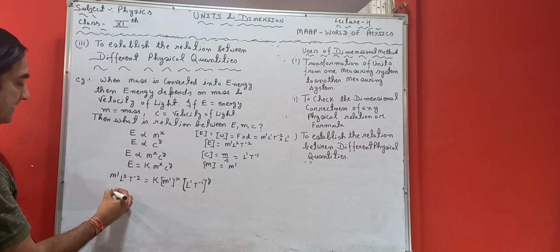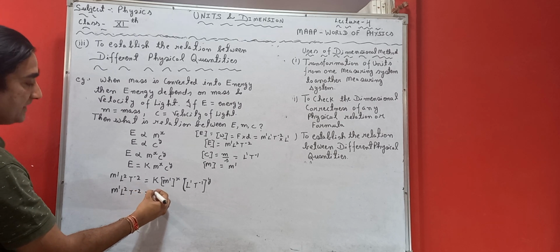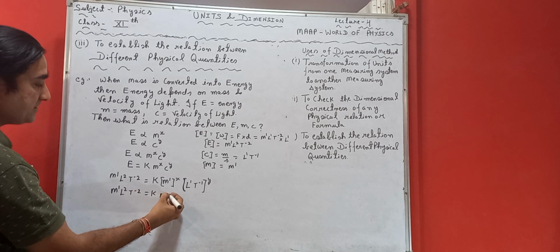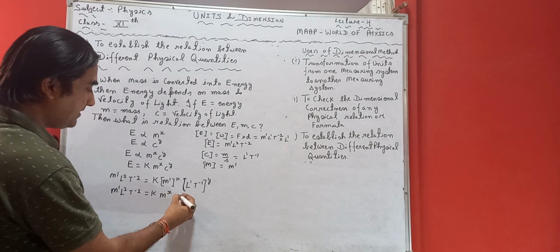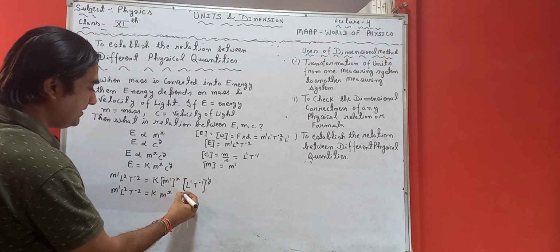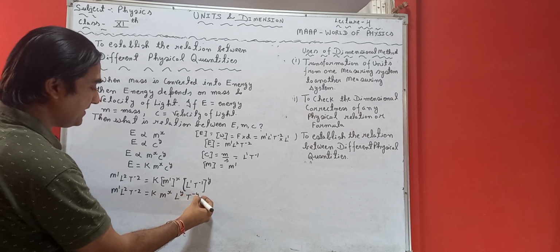So it can be written as M^1 L^2 T^-2 = k M^x L^y T^-y.